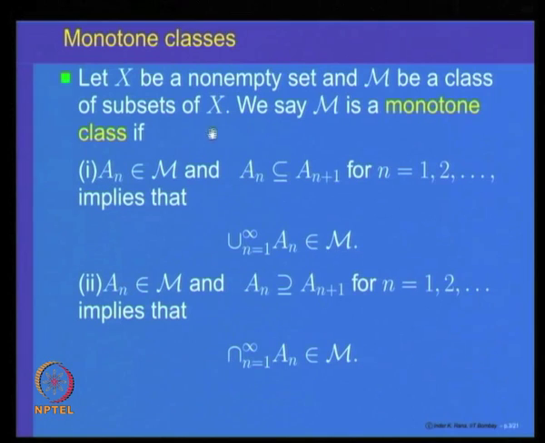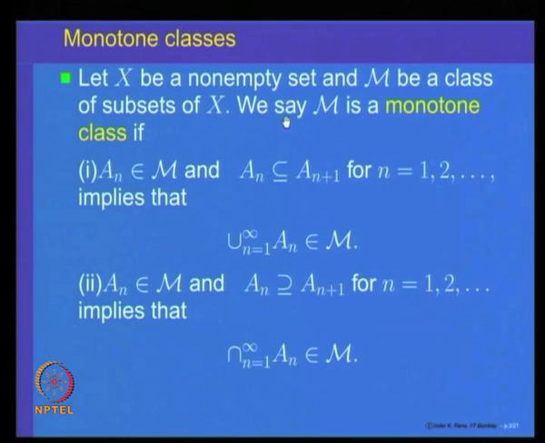Let us recall once again what is a monotone class. A monotone class is a collection of subsets of a set X with two properties. One, for every sequence of sets A n in M which is increasing, their union also belongs to M. And secondly, whenever A n is a sequence of sets in M which is decreasing, then the intersection of these sets is also in M. That is why the name monotone comes.